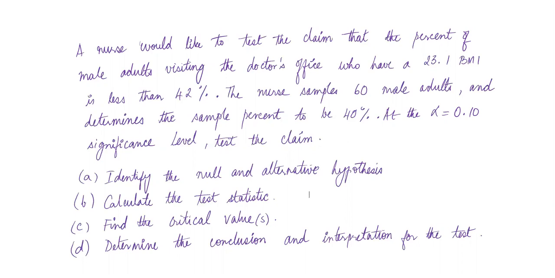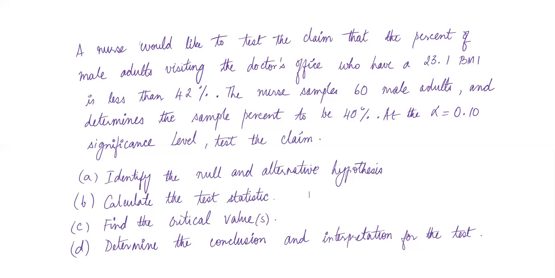That's what she wants to test. For that, she samples 60 male adults, and among them she finds the sample percentage to be 40%. So among the 60 adults, 40% of them have a 23.1 BMI. And at the alpha equals 0.10 significance level, test the claim.